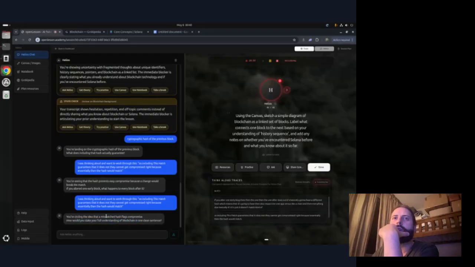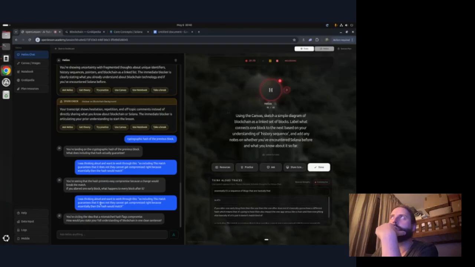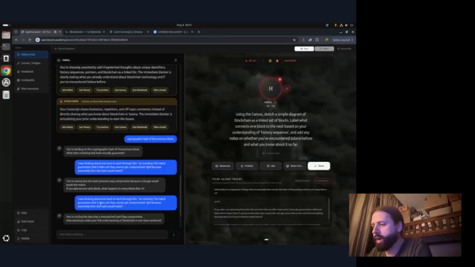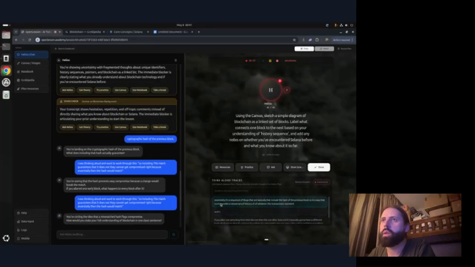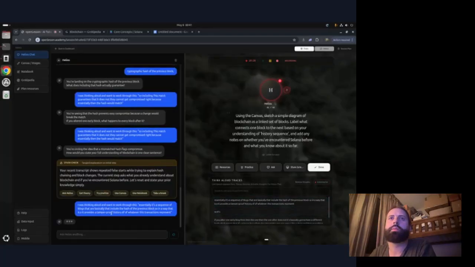Essentially it's a sequence of blocks that include the hash of the previous block, so it provides a tamper-proof history of whatever these transactions represent.